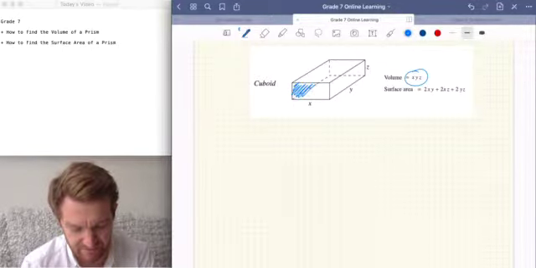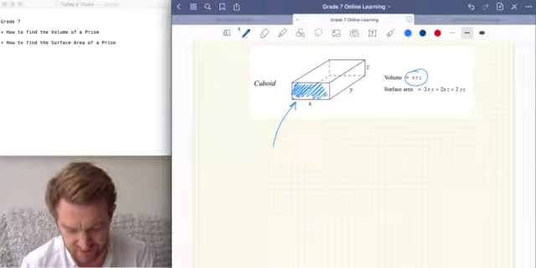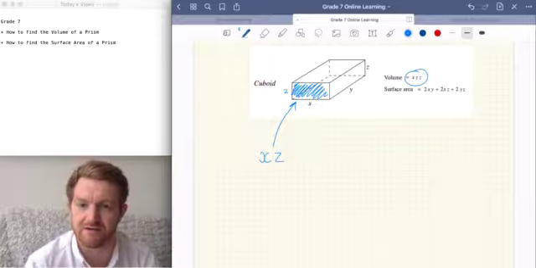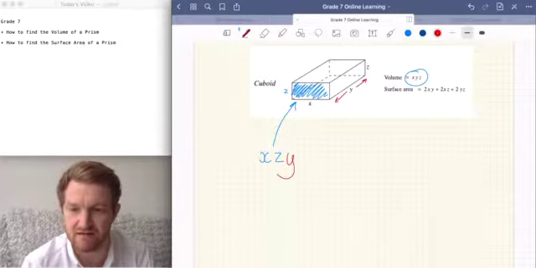Imagine we've got this front face here, this rectangle. To work out that rectangle, we would do x times z, because we've got z on the side, x on the top, and then we're multiplying that by the projection in 3D.